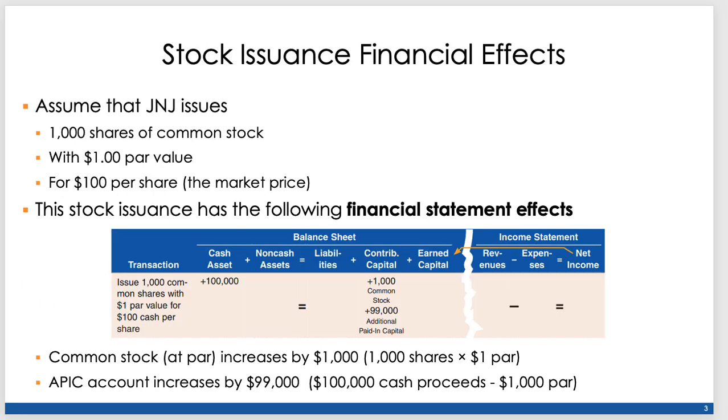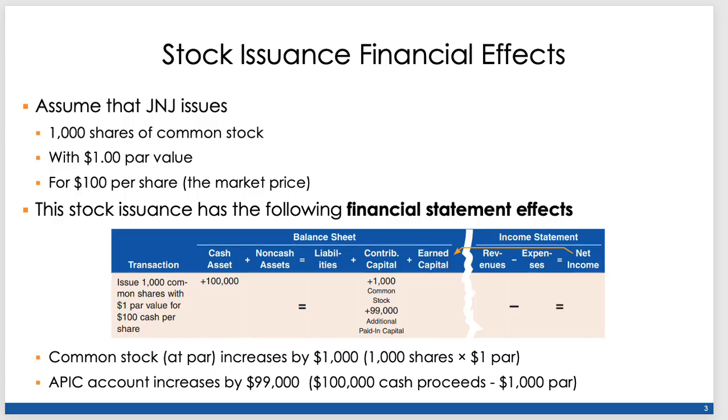And so you can see here from the financial statement effects table that we've been using in this course in the textbook, the financial effects of issuing let's say 1,000 shares of stock, right? You can see here there's a $1 value, and so let us say that $100 per share was the market price when these shares were issued, and so people were paying $100 per share for stock in J&J.